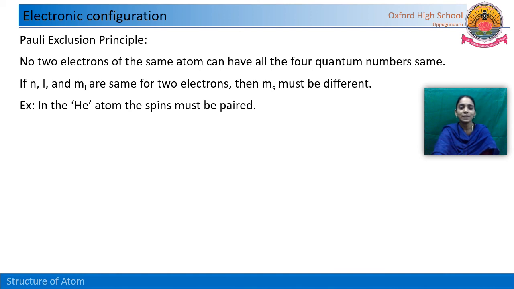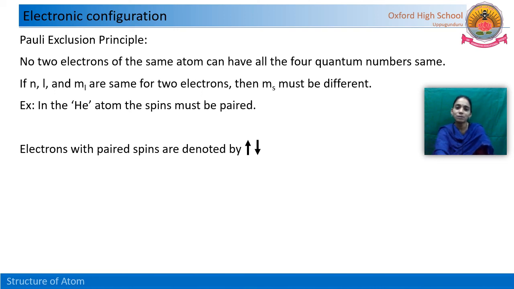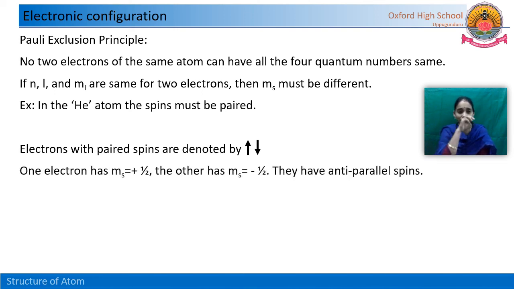For example, in the helium atom, the spins must be paired. In the helium atom, we know 2 electrons are there, so the electrons with paired spins are denoted by one upward direction and one downward direction. One electron has ms of plus half, that means clockwise direction.